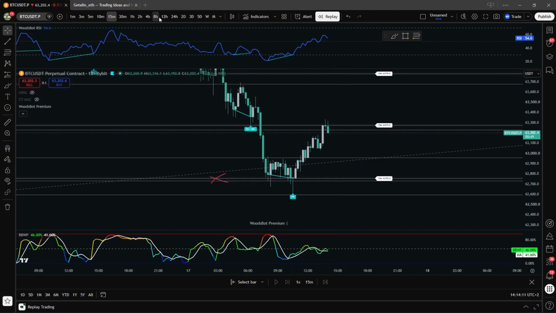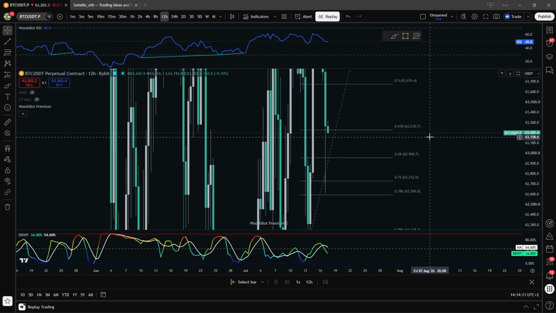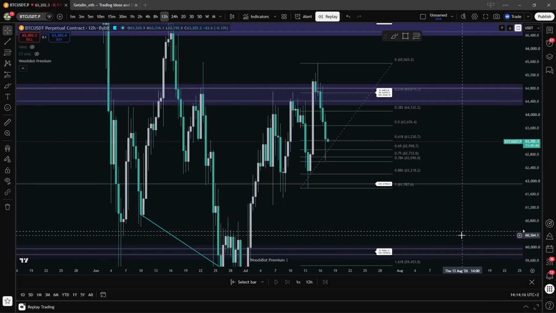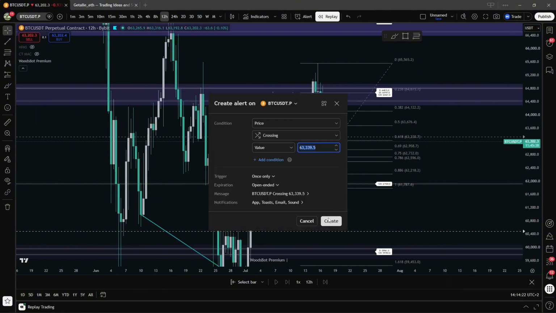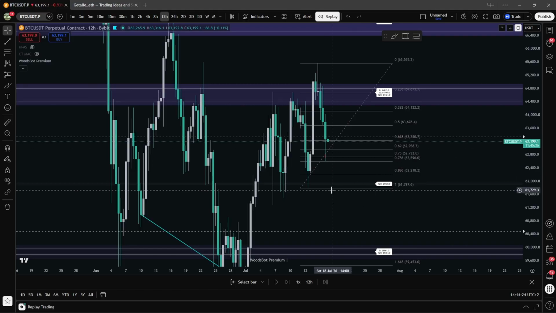So the advice that I can give you guys is, even though you might not have a lot of time to trade, you can plan your trades on the higher time frame, and then you can set yourself an alert, for example, right before price action hits your WoodsBot levels, or before it hits Fibonacci, or whatever confluence you use.